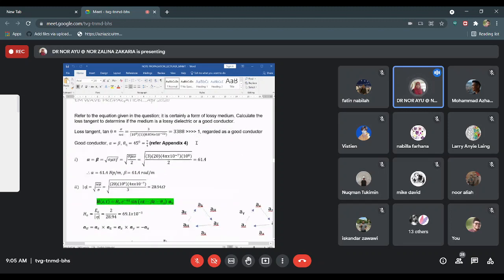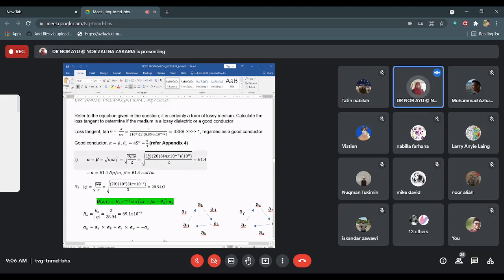If you look into the good conductor part of your appendix, you can see that alpha is equal to beta, where you have these equations. So you just substitute the value.